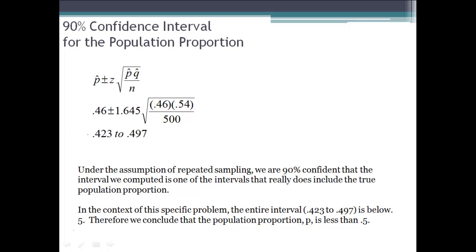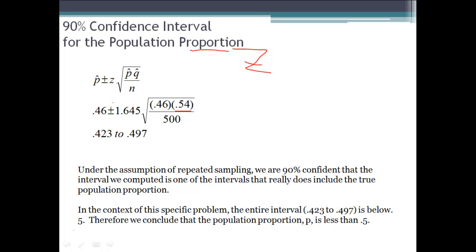For the confidence interval, take the statistic, the 0.46, that's p hat, plus or minus z. All of the problems involving proportions will use the z table, times the standard error, which is p hat, which is 0.46, times q hat, which is 1 minus that, or 0.54.